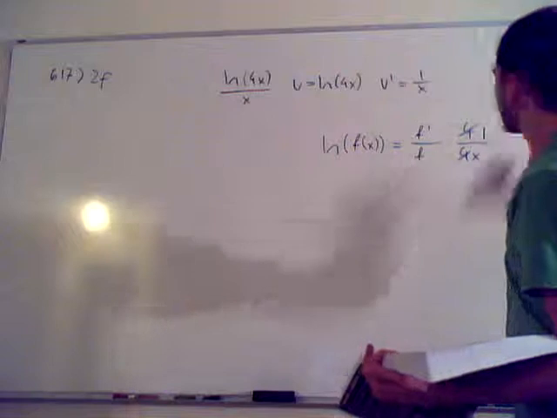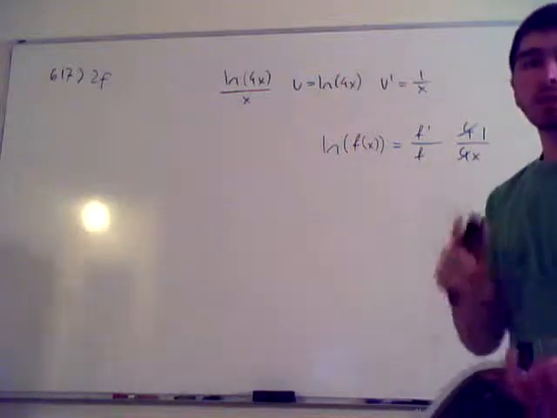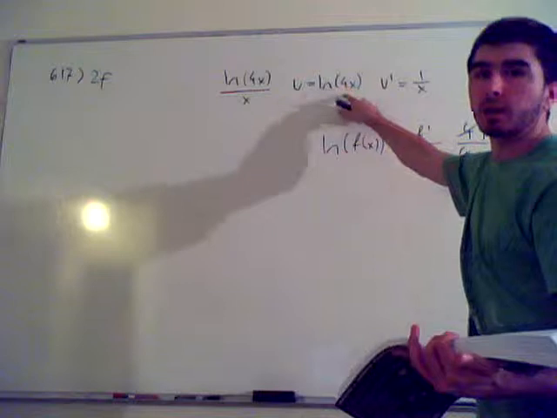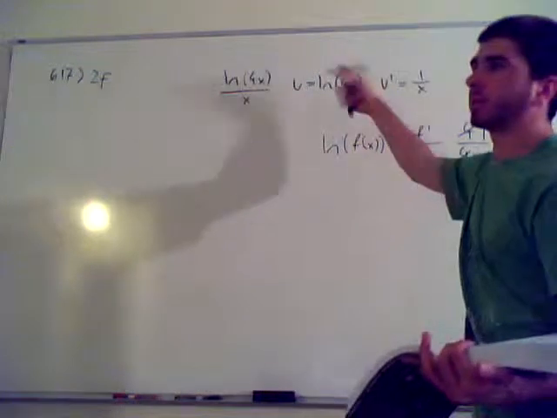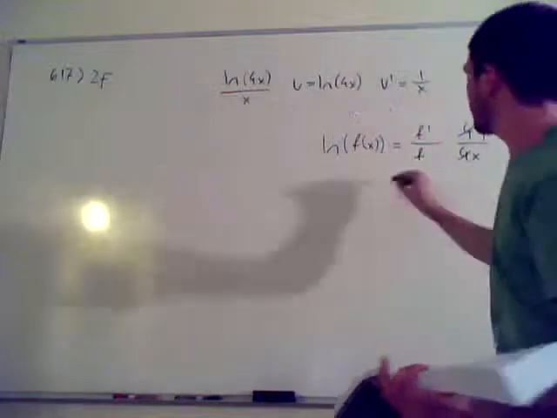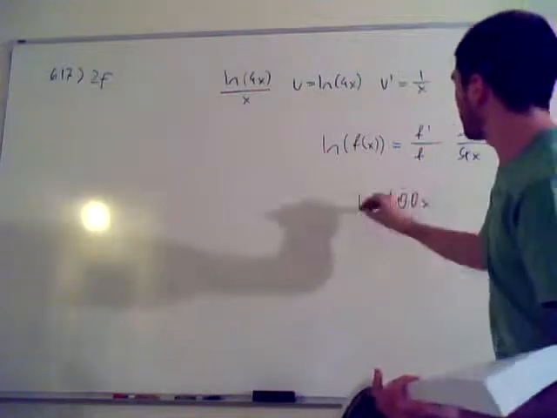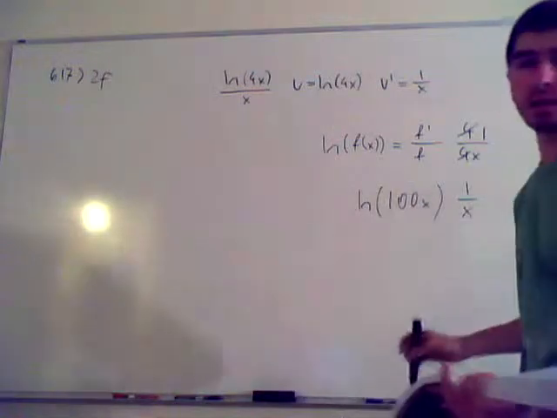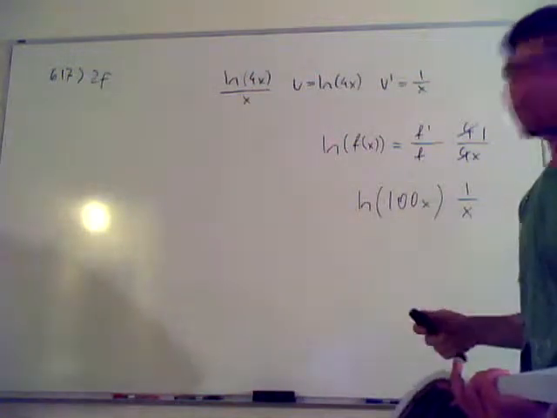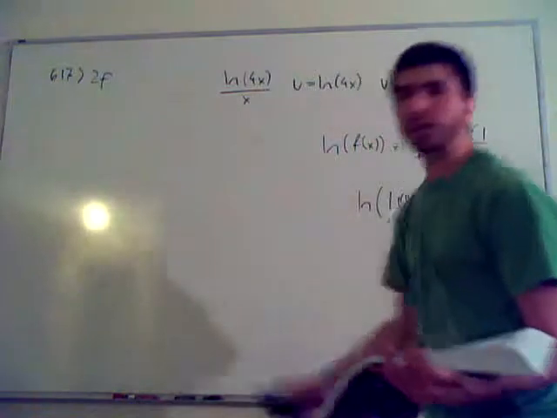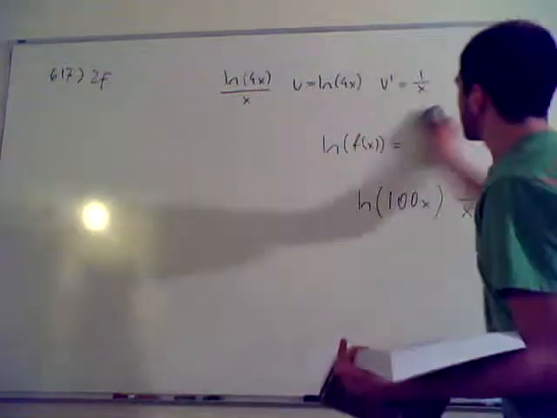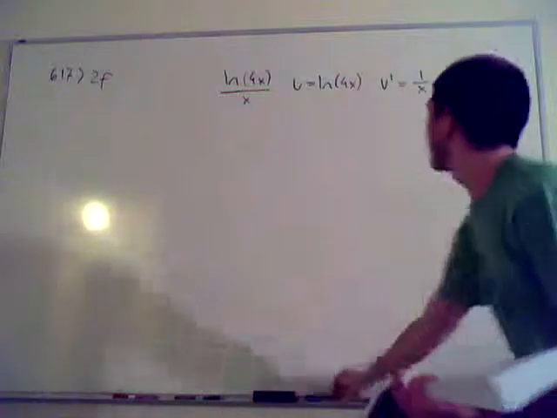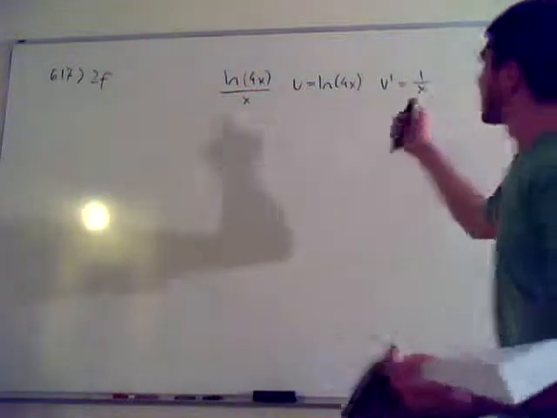These cancel, and you're left with 1 over x. That's the cool thing. Even though this is technically an f of x thing, there can be any coefficient other than 4. Like natural log of 100x is still going to be 1 over x. All right? That's just it. So if you didn't get that, forget about it. Just do your f prime of x over f of x, and you'll still get 1 over x.